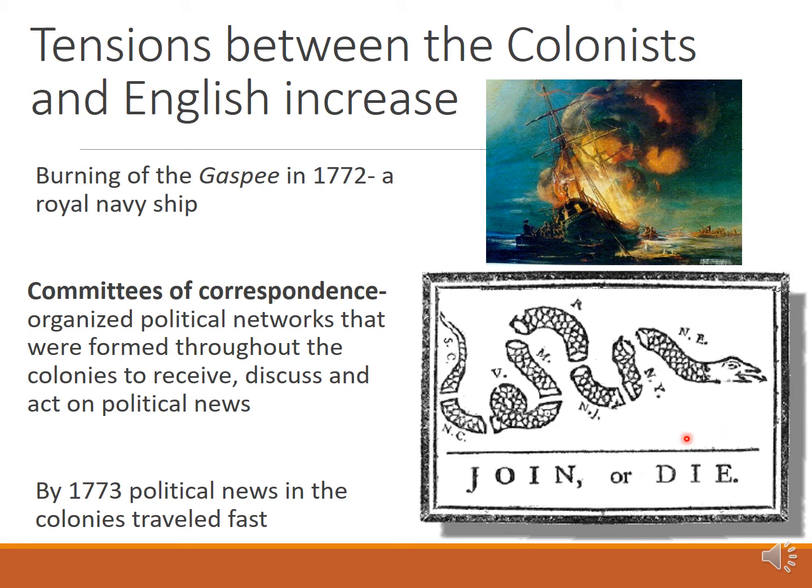This idea of join or die is a call to arms, a call to join together for a cause. Like I said, this symbol was originally created for the French and Indian War, and it gets resurrected in the early 1770s to get people to join together in this cause against the British Empire.